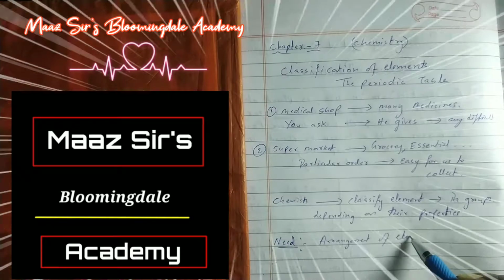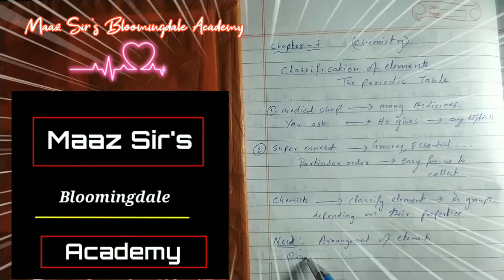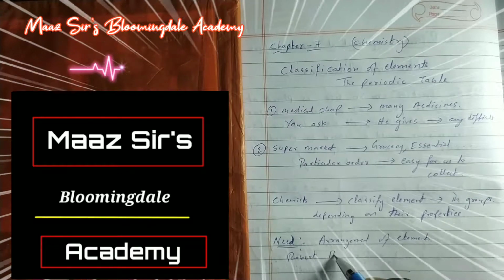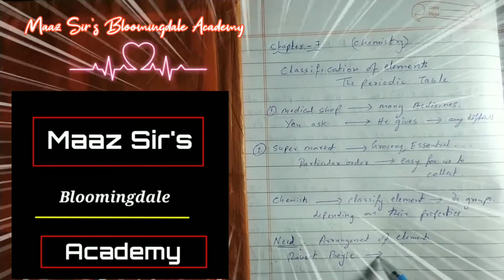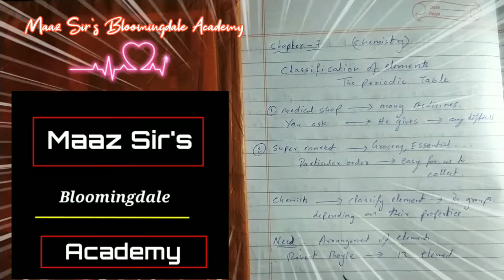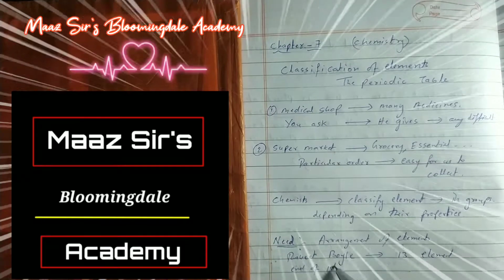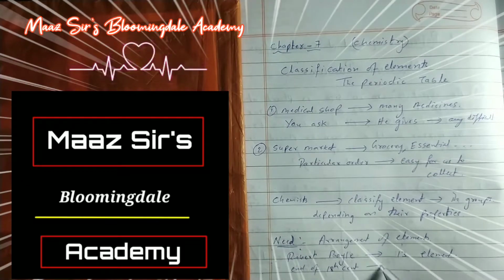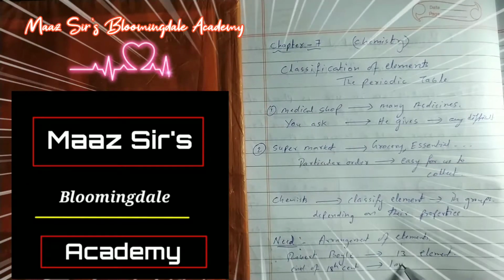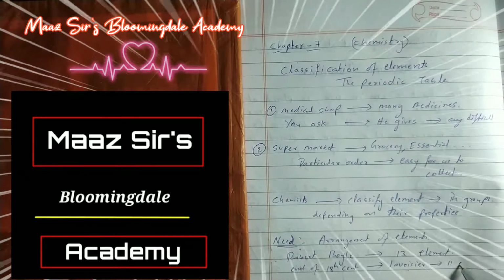Why did the need arise for the arrangement of elements? So see here, at the time of Robert Boyle, there were 13 elements known. Similarly, at the end of the 18th century, that is at the time of Lavoisier, 11 more elements were discovered.